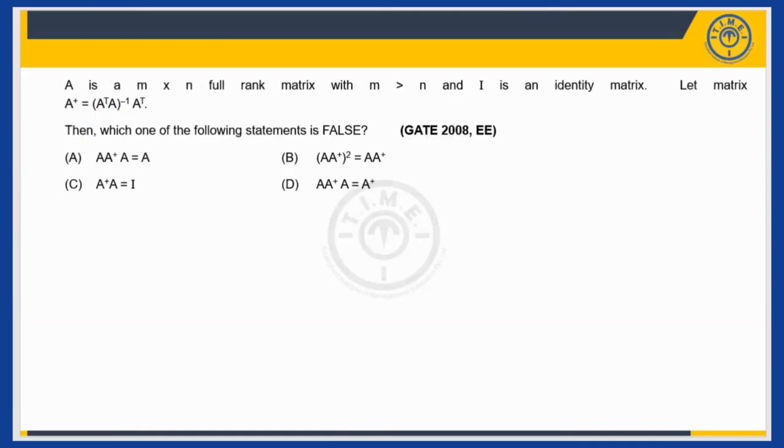Now, if A is an m cross n full matrix with m greater than n, and I is the identity matrix, let A plus equal (A transpose A) whole inverse into A transpose. Then which one of the following statements is false?